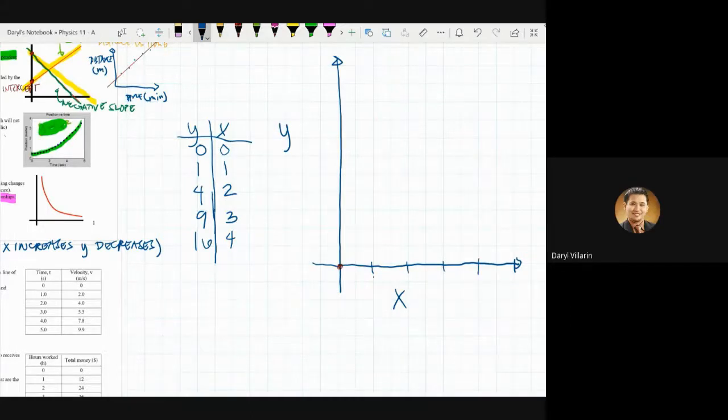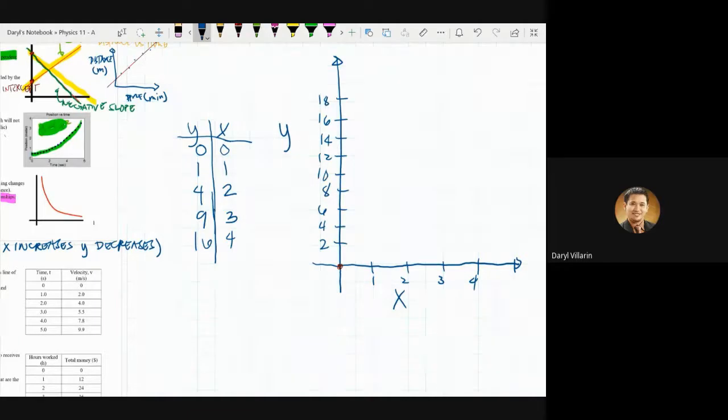And then for my y, the maximum is 16, so I should fit all of them along the y axis. So maybe I can use 2, 4, 6, 8, 10, 12, 14, and then 16, then 18.